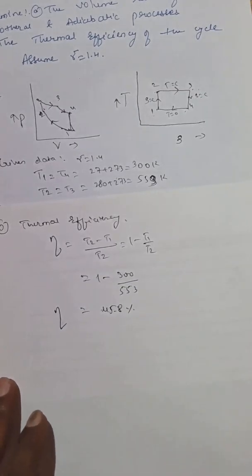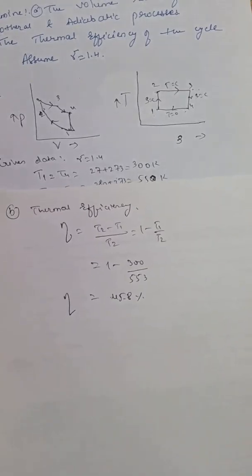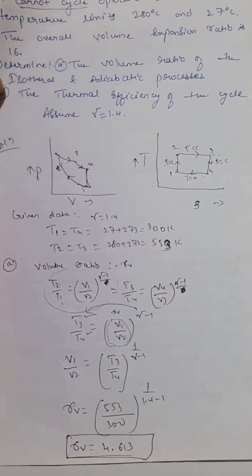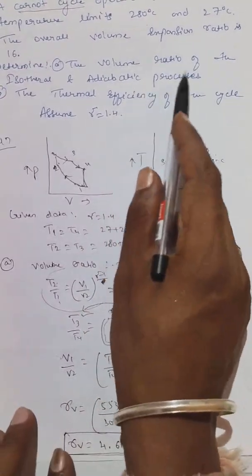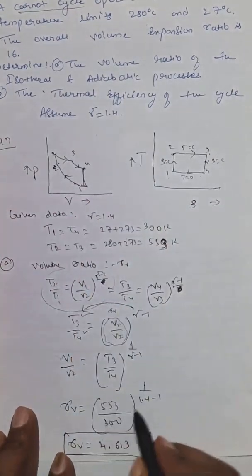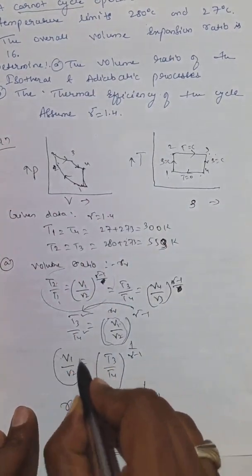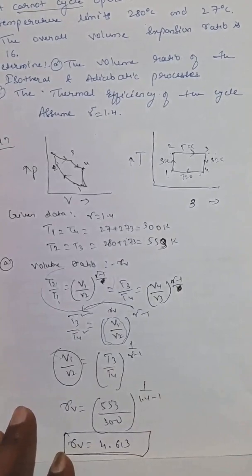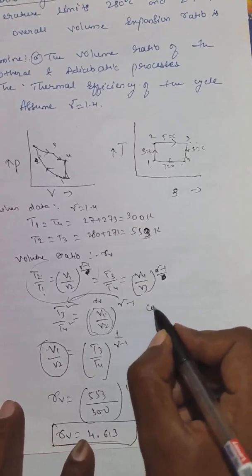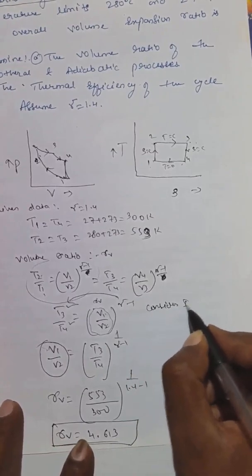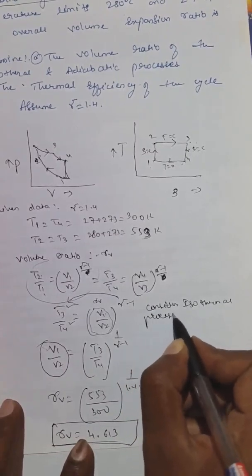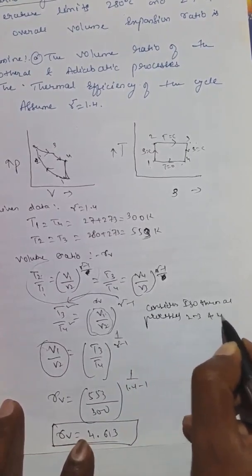So one more thing we have missed here. In part A, he asked to find out the volume ratio of the isothermal and adiabatic process. Now we have found out the volume ratio of adiabatic process. We need to find out the isothermal process as well. So consider isothermal processes, that is 2 to 3 and 4 to 1.